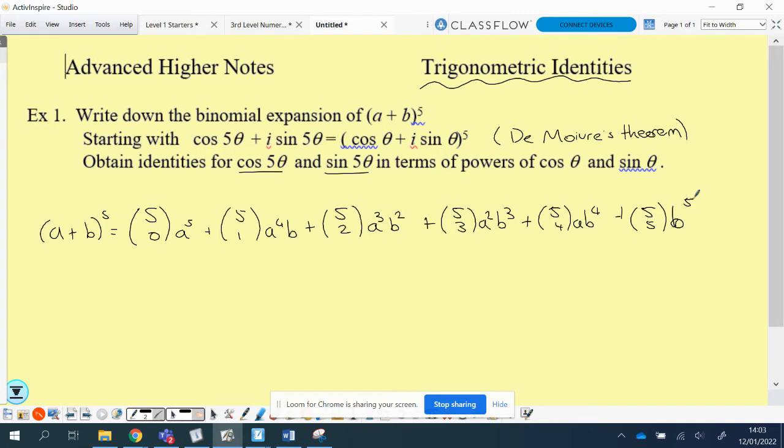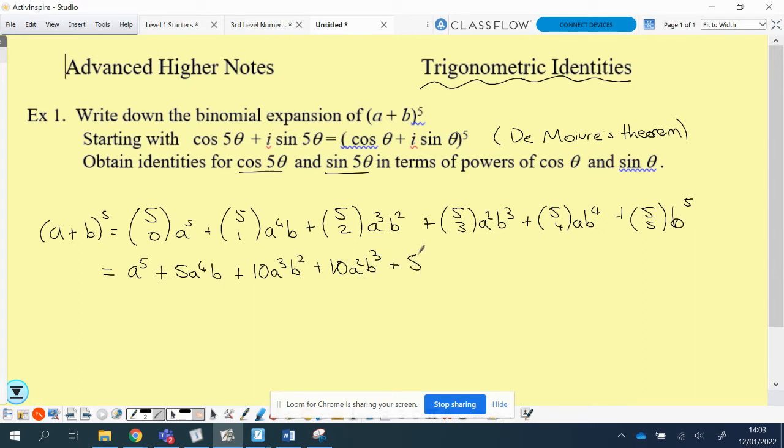Obviously we can tidy that up by working out what each coefficient is in front of the algebra. So 5 choose 0 is just 1, so that's just a to the power 5. 5 choose 1 is 5, so that's 5 a to the power 4 b. 5 choose 2 is 10, so that's 10 a cubed b squared. 5 choose 3 is also 10, so 10 a squared b cubed.